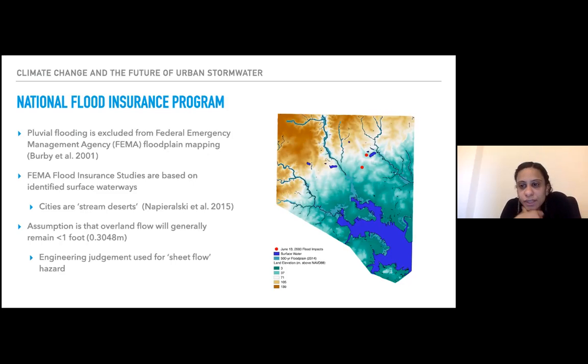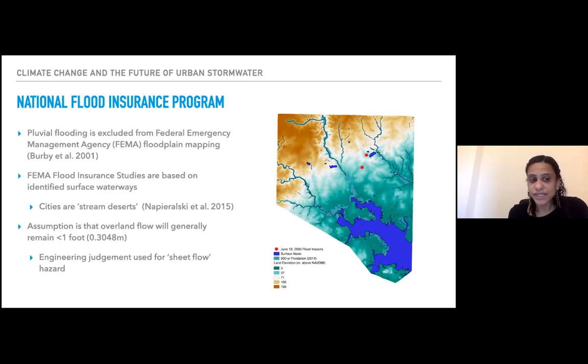Pluvial flooding is, for all intents and purposes, excluded from FEMA's floodplain mapping. Usually when we do floodplain mapping, we identify surface water bodies. We map transects. We use that transect data in models like HEC-RAS, although others are approved. EPA SWMM is approved for use for floodplain mapping, but in practice, it's rarely utilized.